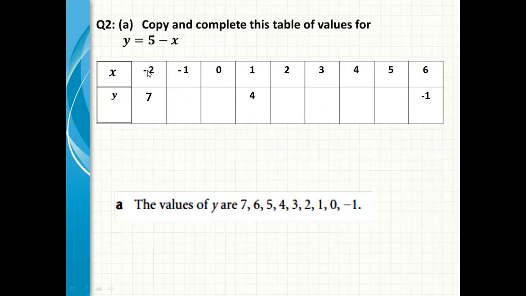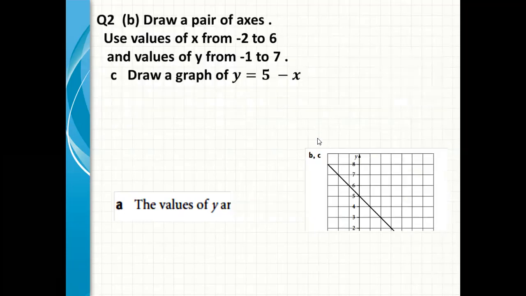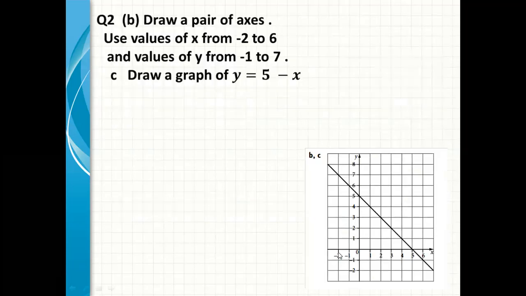After putting the points of x and the points of y, we just need to substitute them. So if we take the first point, for example, -2 with 7, this is our grid. This is -2 on the x-axis and 7 on the y-axis. So -2, 7, this is the point. You just put a point.